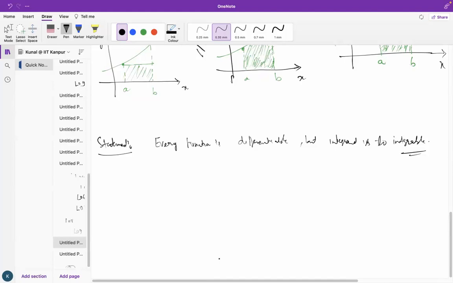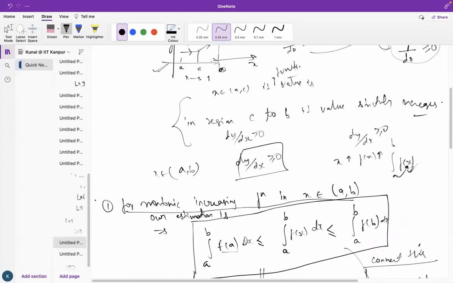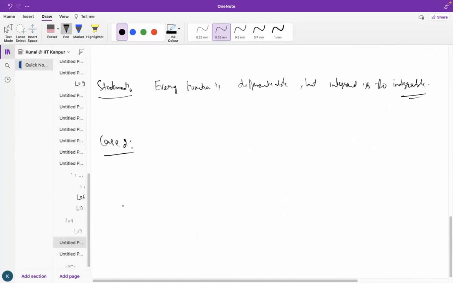Now let's move on to the second case, case two. Let me write it here: this is actually case one, and case two is for a monotonic decreasing function.